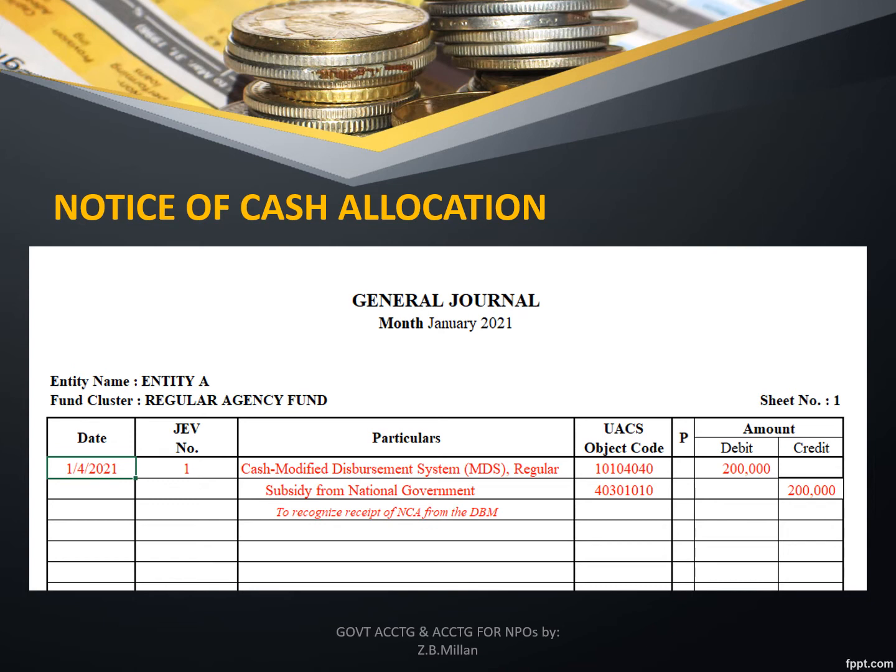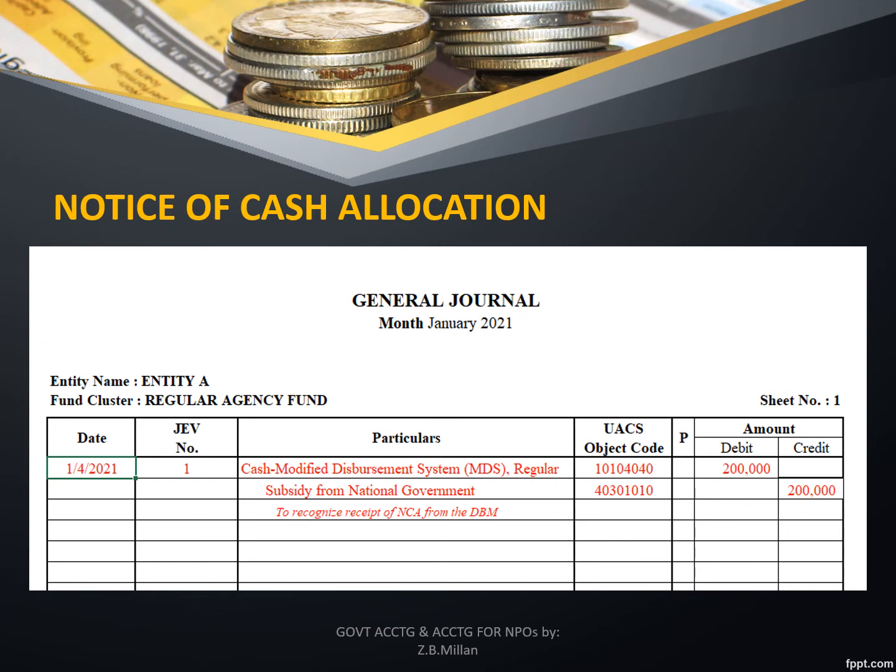And yung recording naman natin ng receipt ng cash is similar lang naman sa natutunan nyo on how to record transaction nung basic accounting nyo. Okay, so this is the general journal. So again, this form is from the GAM. You can refer doon sa ating volume 2 of the GAM for the forms prescribed to be used for government accounting.